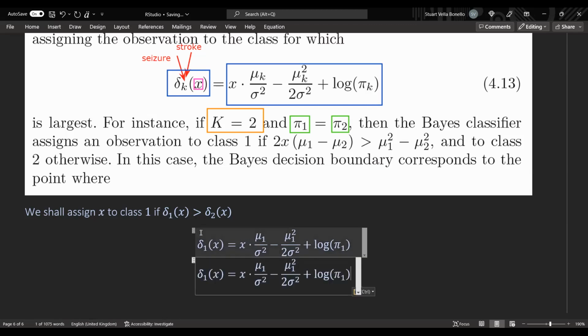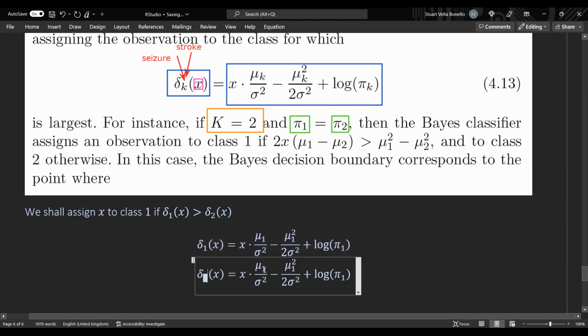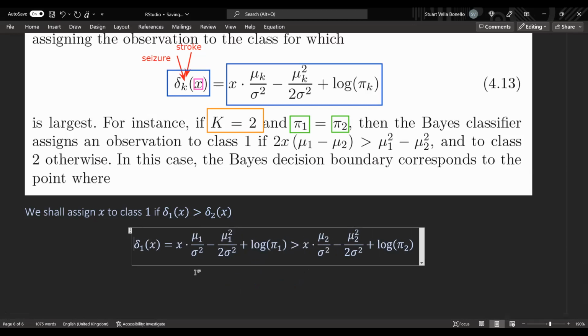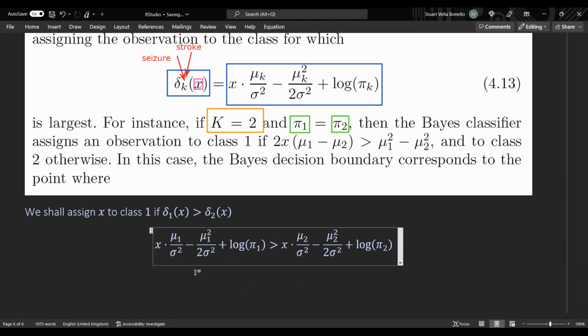And it's not going to take too long now to change this into 2. So this is the second calculation for class 2. And we're asking, when is delta 1 x greater than delta 2 x?